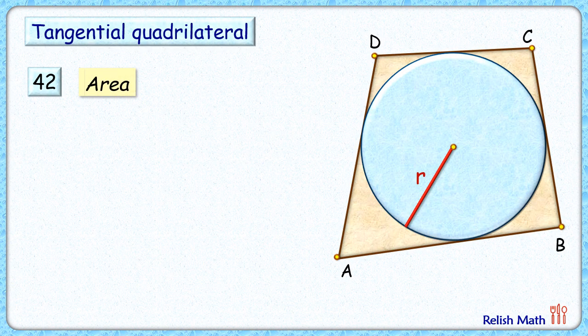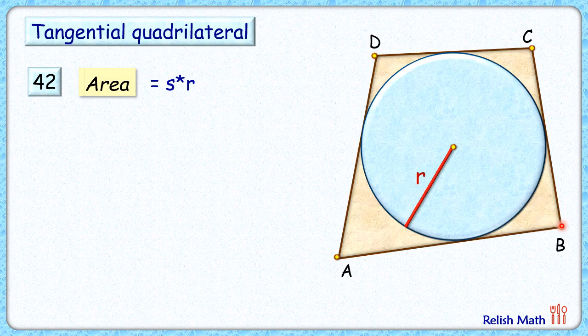Next is related to the area of a tangential quadrilateral. The area can be found using a very simple formula, that is S times R. R is the radius of this circle, S is the semi perimeter of this tangential quadrilateral. This formula is a universal formula for any tangential polygon.